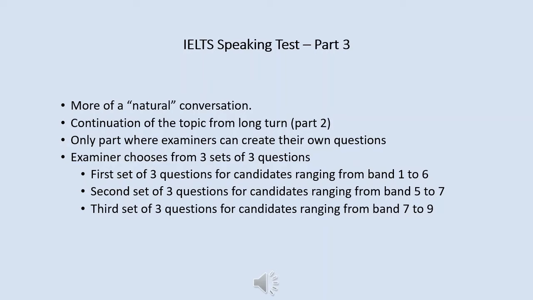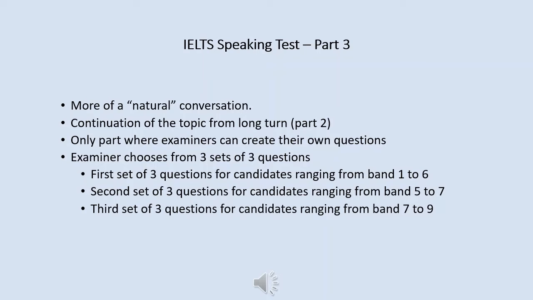Now, the examiner has 3 sets of 3 questions to choose from. In the first set of 3 questions, those are kind of reserved for the candidates who are in band range from anywhere from 1 to as high as 6. In the second set of 3 questions, these are for the higher intermediate level candidates.